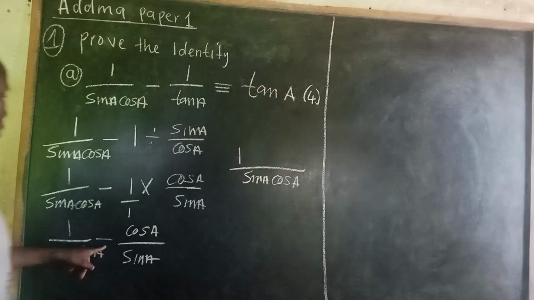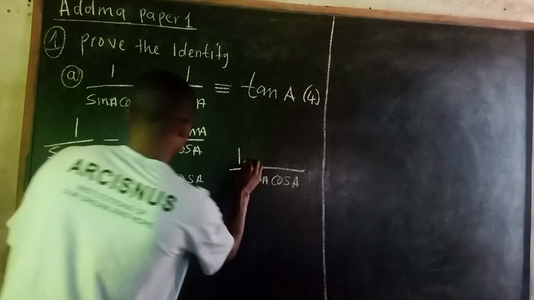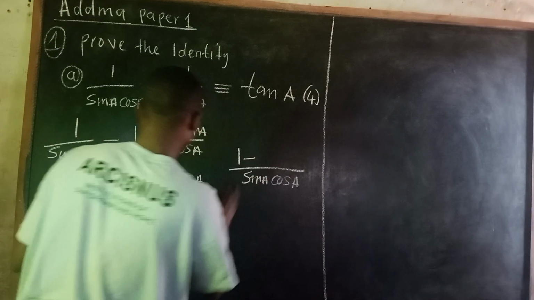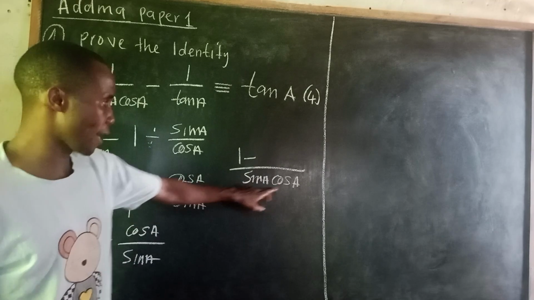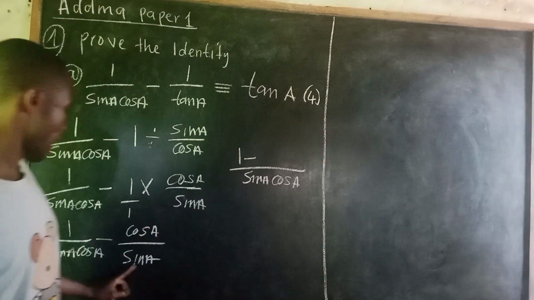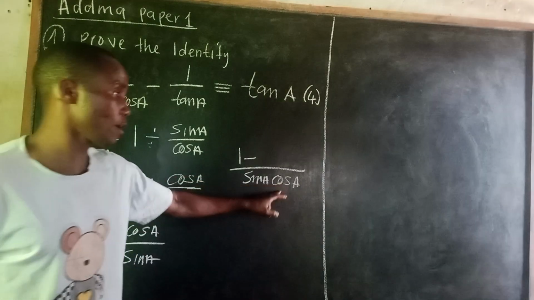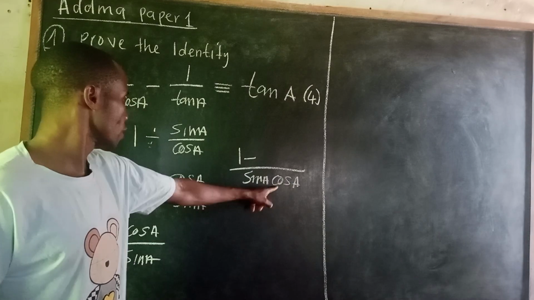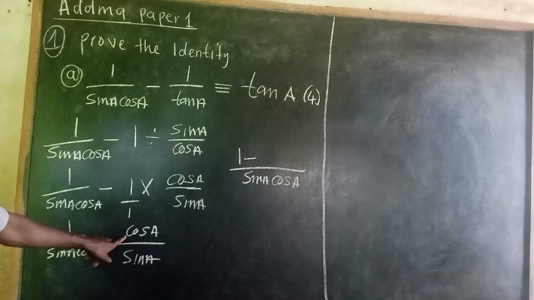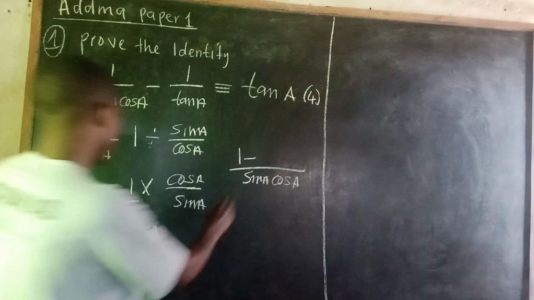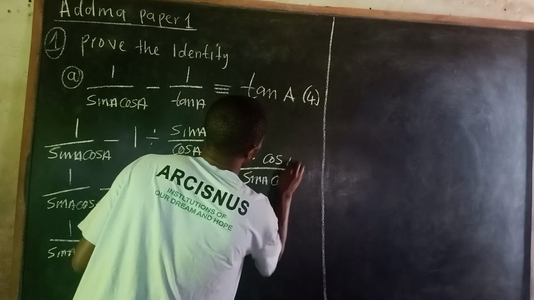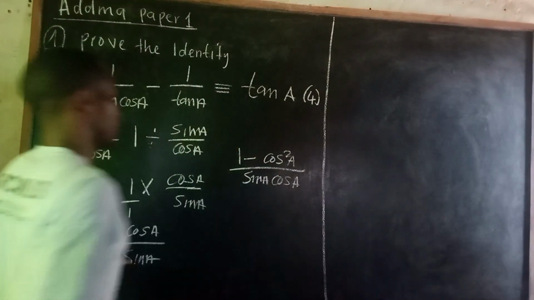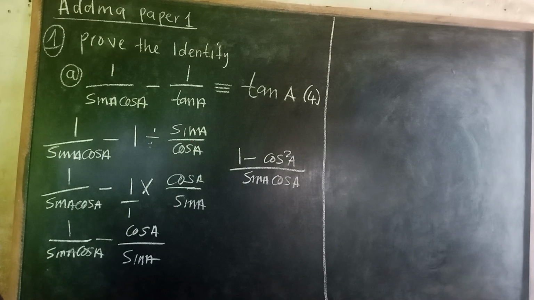Remember here we have minus. Then sine A into sine A cos A: the sine A and sine A cancel, and we remain with cos A. So cos A times cos A on top, which is the numerator, gives cos A squared. That is our new expression.